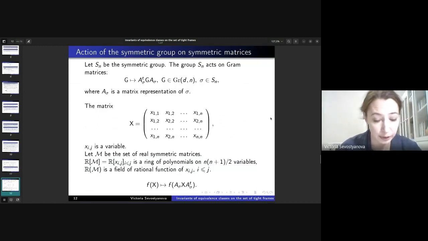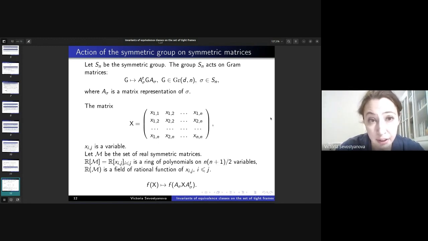That's a simple result. And we will continue this result to the equivalence up to reordering. Consider the symmetric group and its action on Gram matrices. Evidently we should consider the action not on Gram matrices, but on symmetric matrices.